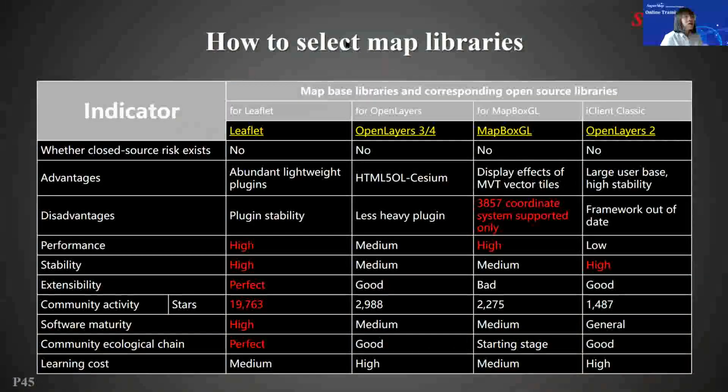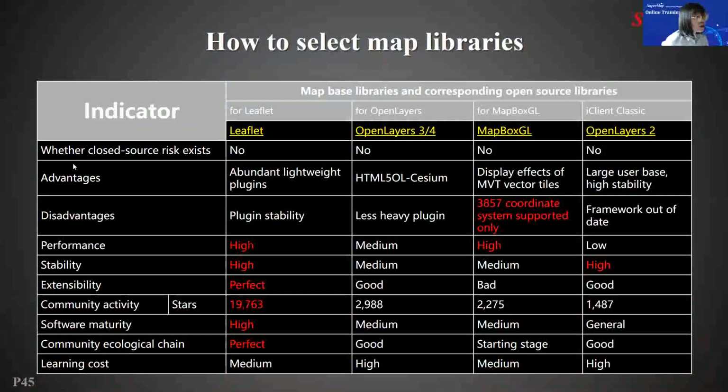And how to select the map libraries? Because we have Leaflet, OpenLayers, Mapbox, and also iClient Classic, here are some indicators that we can consider: advantages and disadvantages, performance, stability.